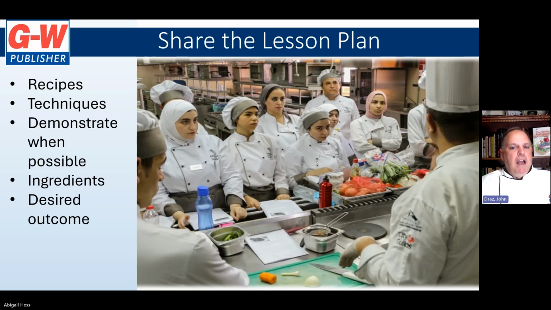The ingredients: do we have all the ingredients on hand? That's part of the mise en place, or part of the lesson plan. Most important also is the desired outcome. If you've demonstrated a technique, recipe, or dish, students can see the finished product, visualize it, and taste and experience what the desired outcome is.